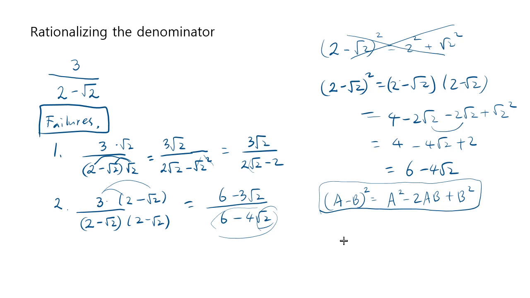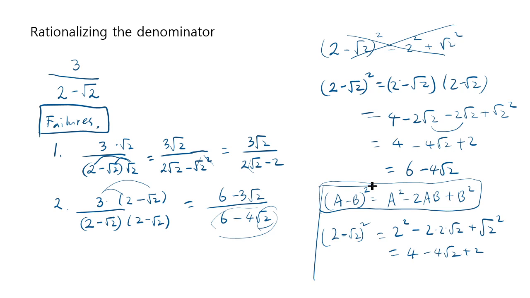And if you have 2 minus square root of 2 squared, according to this formula here, it would be 2 squared minus 2 times 2 times radical 2 plus square root of 2 squared. So it's 4 minus 4 radical 2 plus 2. So it's exactly this. So there will be another way to verify that indeed the denominator will still have a square root. Okay, so if both fail, then what can we actually use?